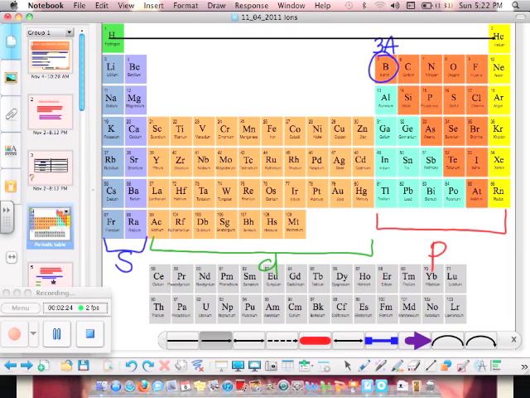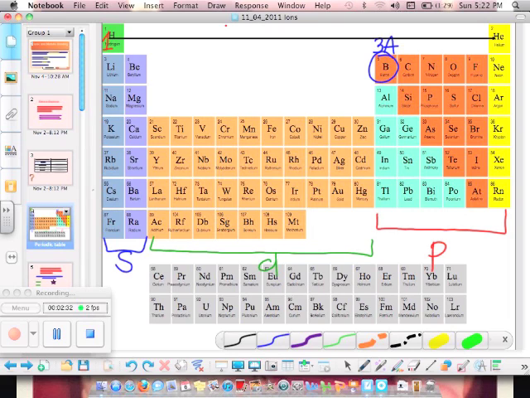As you can see, this is in row 1. And since I only have 2 elements here, I know I have to fill the s orbital. So this is 1s. Once I get to helium, I'm at 2, correct?